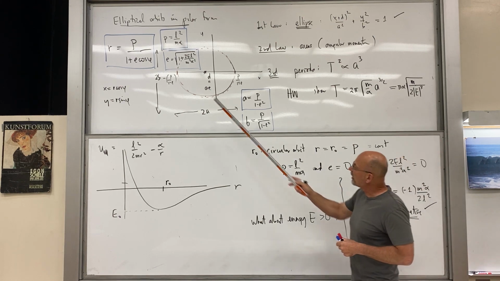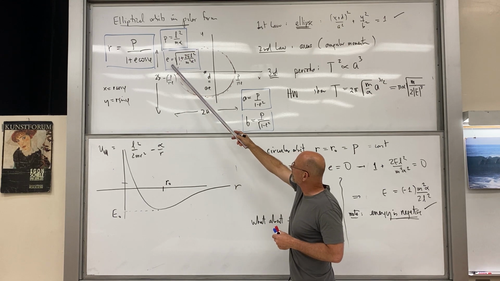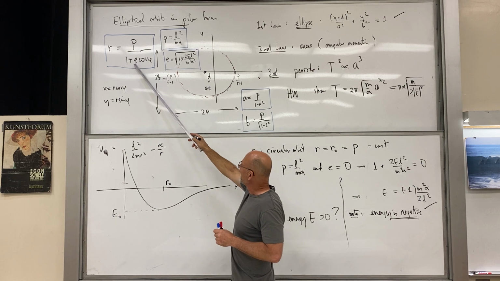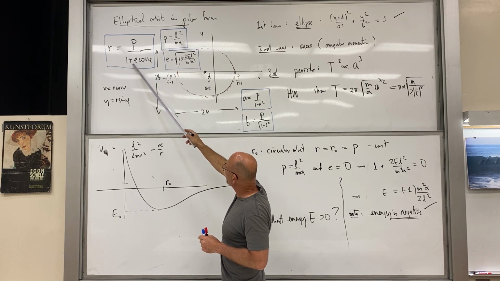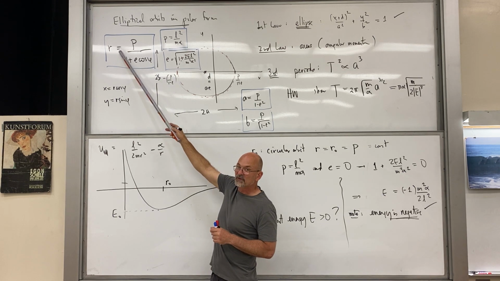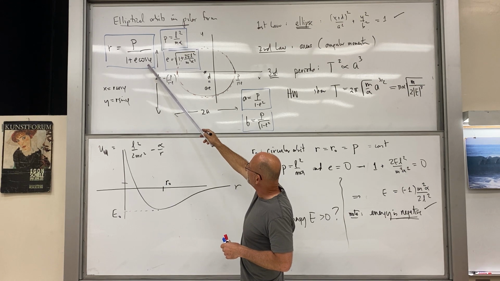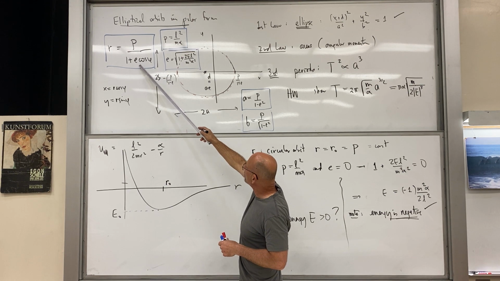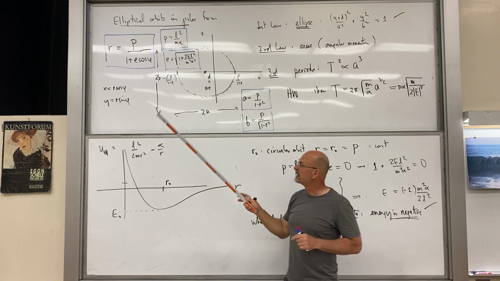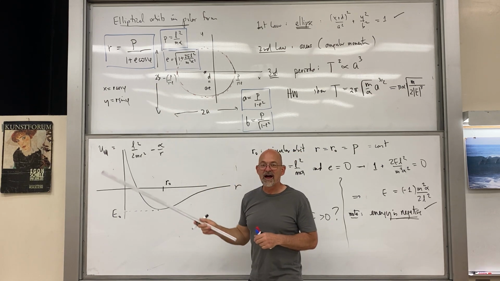And that's certainly a part of this formalism. So if energy is positive, then this lowercase e is greater than 1. And what you're going to find is two angles at which r diverges. You want to take a close look at that. If lowercase e is greater than 1, 1 plus e cos phi will have two angles at which r diverges, and that's actually a polar form of the hyperbola.